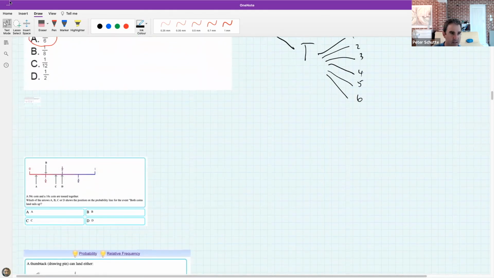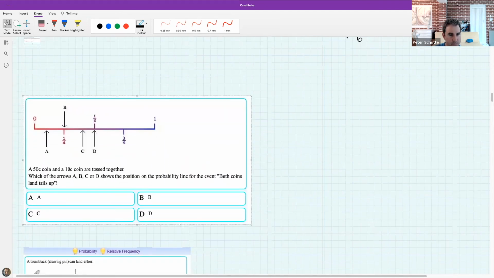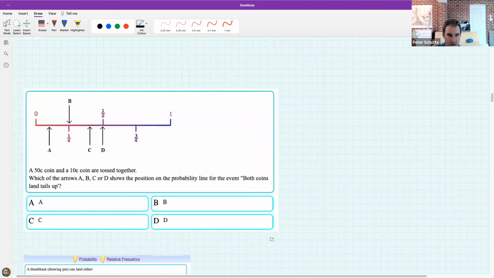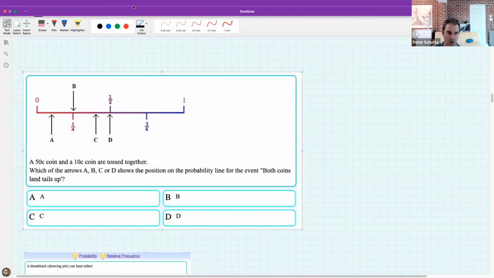Let us answer this question. A 50-cent coin and a 10-cent coin are tossed together. Which of the arrows, A, B, C, or D, shows the position on the probability line for the event both coins land tails up?